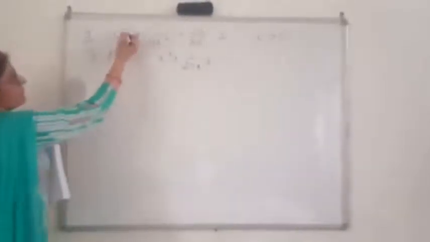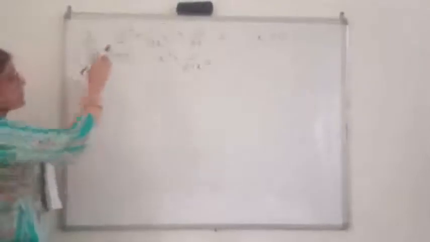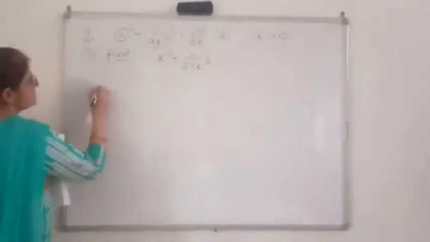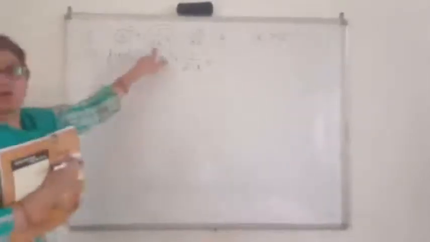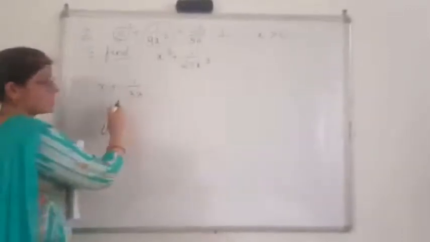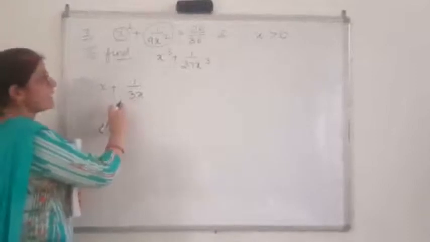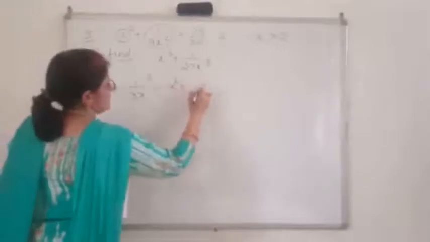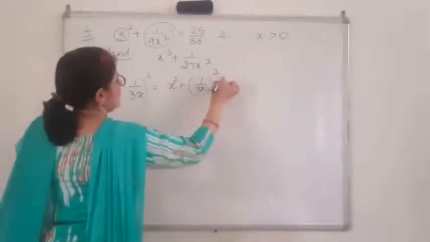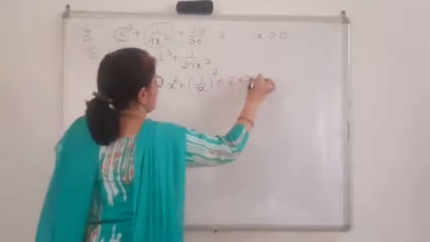Now we know that when we square x, we get x square. So the original term is x plus 1 upon 3x, since 1 is the square of 1 and 9 is the square of 3. So this is the original term. We will take it and square it: a square plus b square plus 2 into a into b.